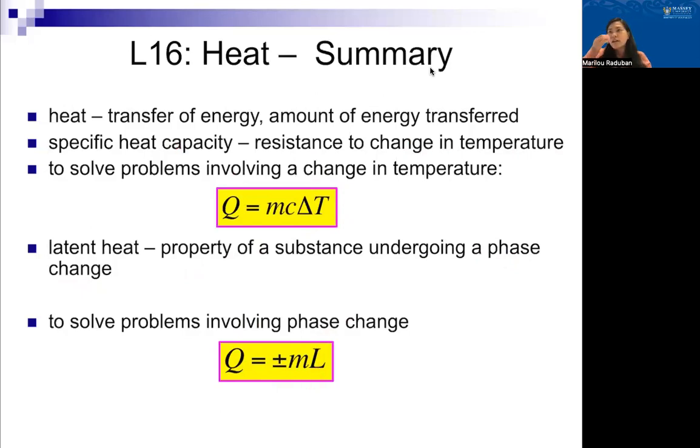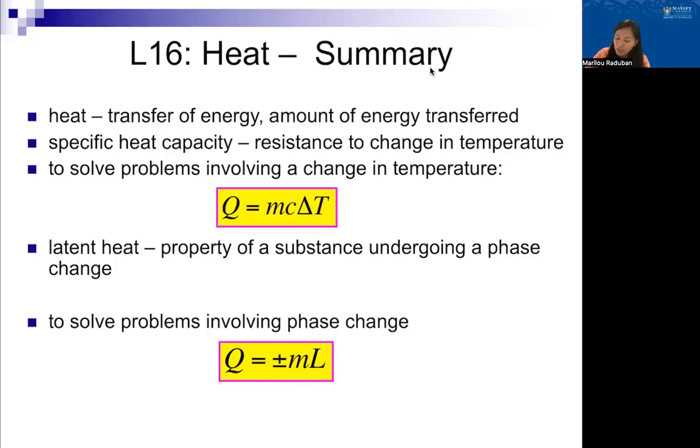If you start from one phase like gas and end up in a second phase like liquid, then you have to go through the process like we did in the steam burn example, where you need to condense the steam first before changing the temperature of the water.